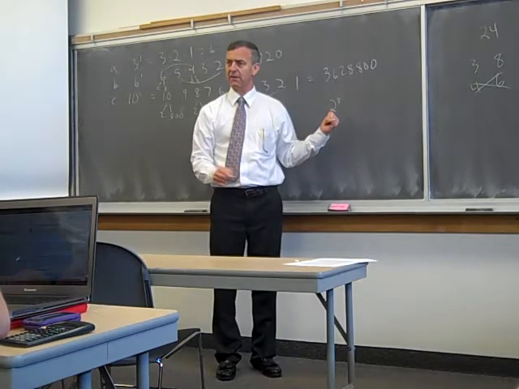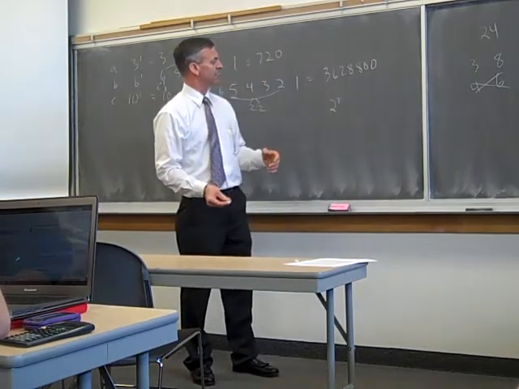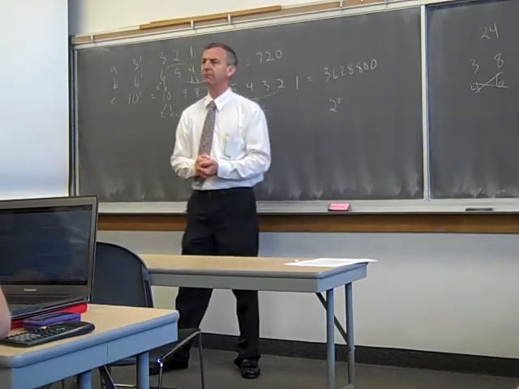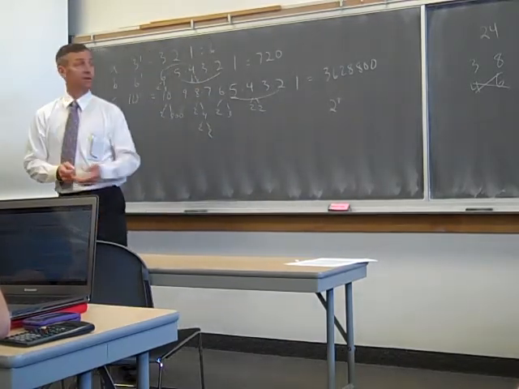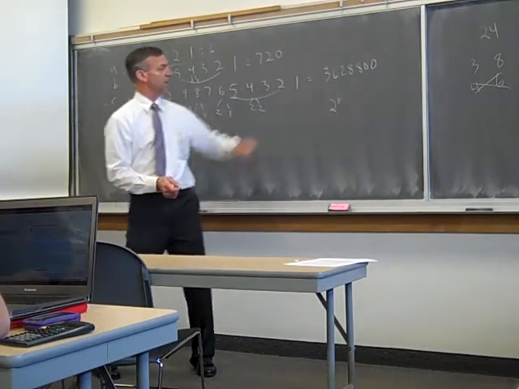Does everybody see how I got it? Pull it out of there. What is 2 to the 8th? 256. 256 is a factor of this number because we know that.